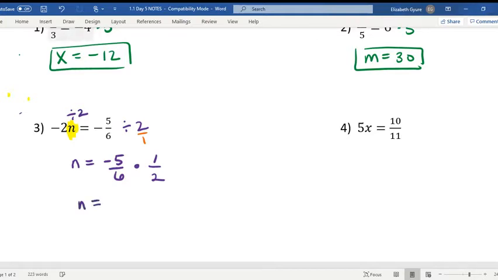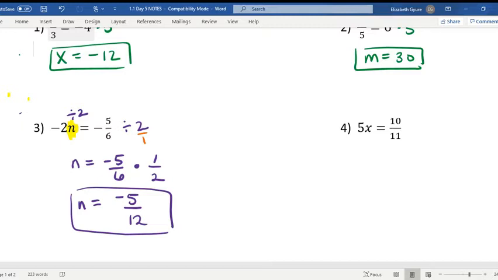Is there anything that needs to be reduced before I keep going? No. So just multiply across. What's negative 5 times 1? Negative 5. What's 6 times 2? 12. Negative 5 over 12. Good.